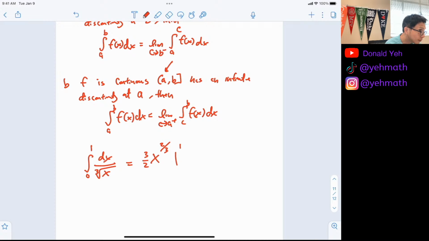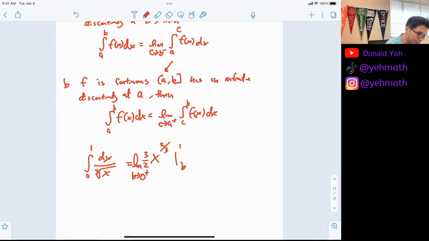0. You can have 1 over 0. So this one should be 0 from the positive side, right? Let's say we're going to call this B. So instead of writing it down like this, we're going to say limit as B approaches 0 from the positive side.